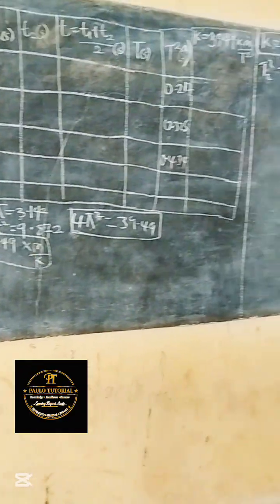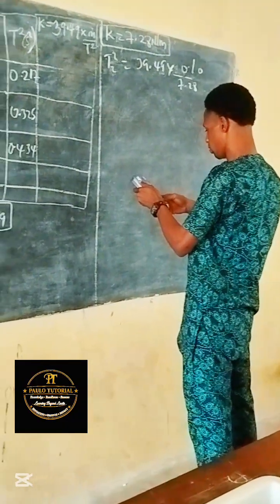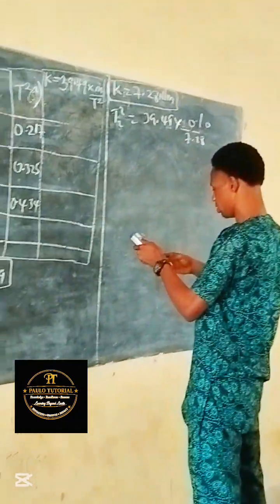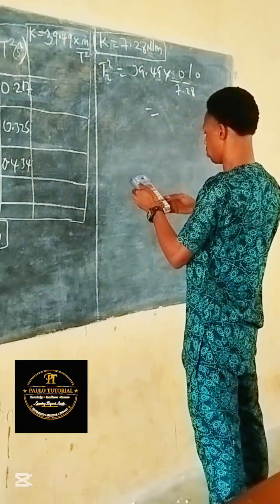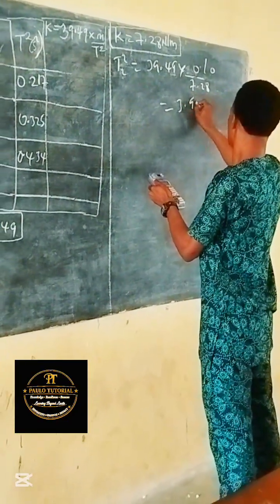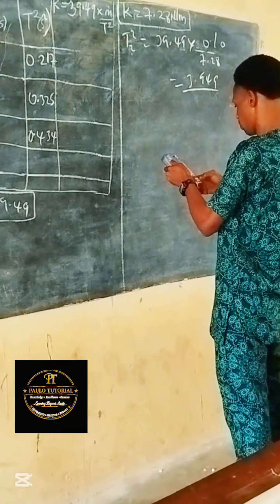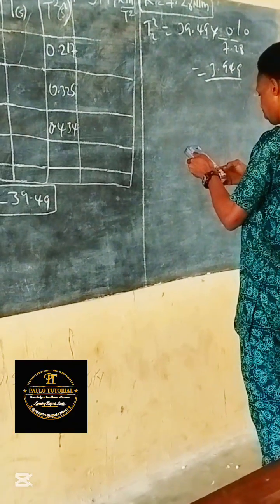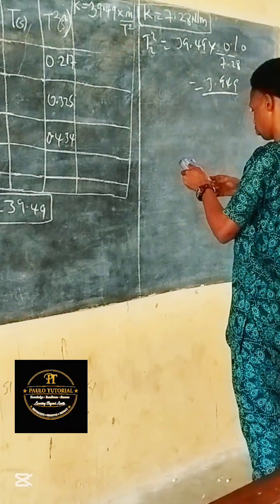Now I'll also do it for when the mass is 0.10. I'll multiply these two together: 39.49 times 0.10, which gives 3.949, divided by 7.28.